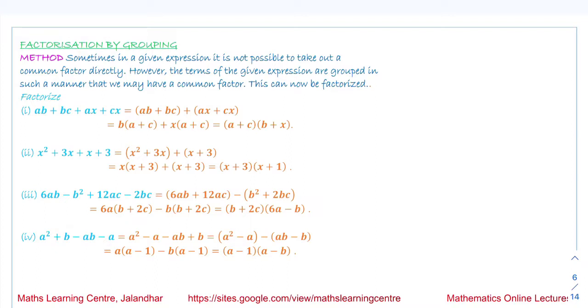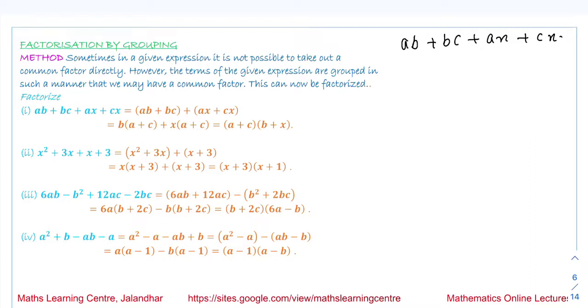Suppose the expression is AB plus BC plus AX plus CX. If I look at the four different terms, there is nothing common in all four.